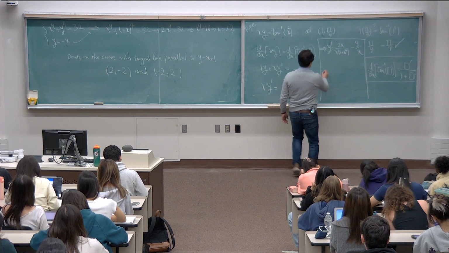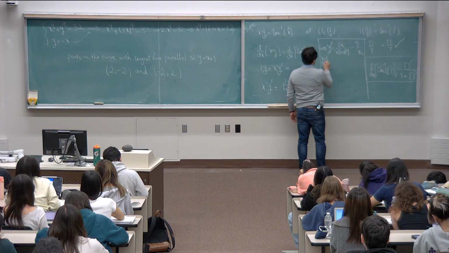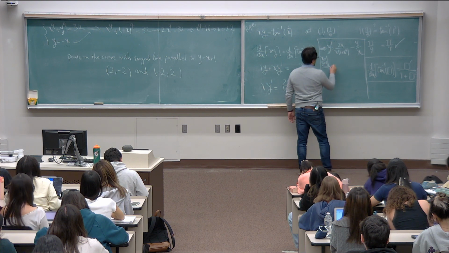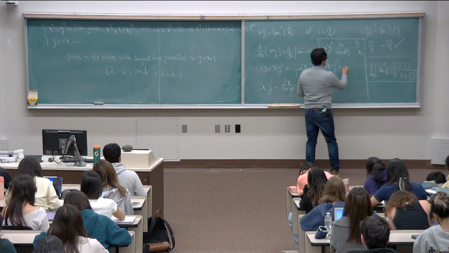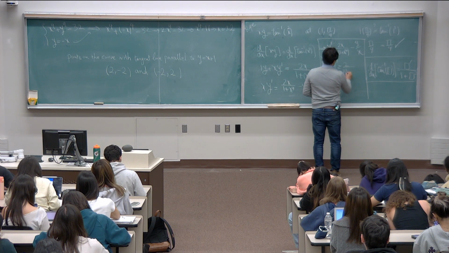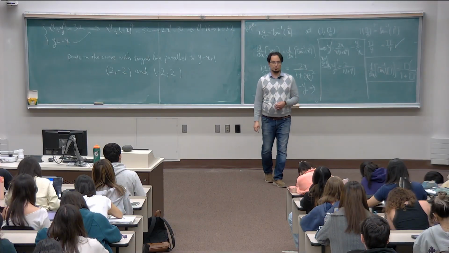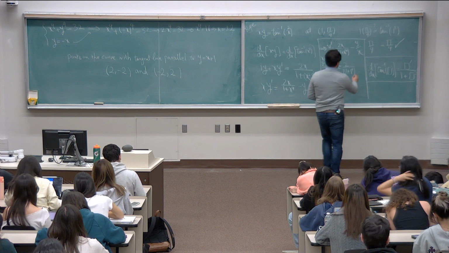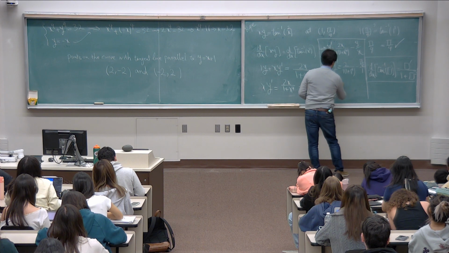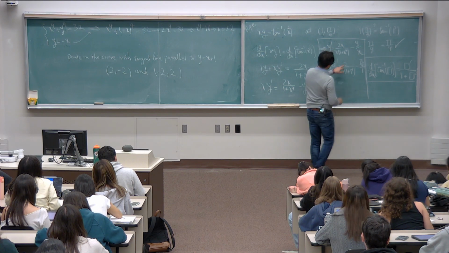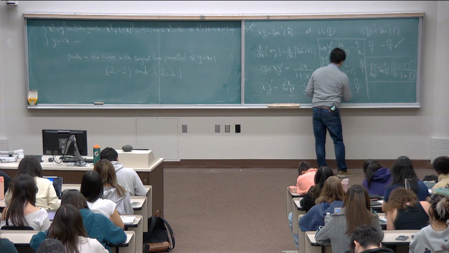Then when I plug in x equal to 1 and y equal to pi over 4, I get y prime, the slope of the tangent line, equal to 2 times 1 over 1 times 1 plus 1 to the power 4, minus pi over 4 divided by 1, which gives us 2 over 2 is 1 minus just pi over 4.